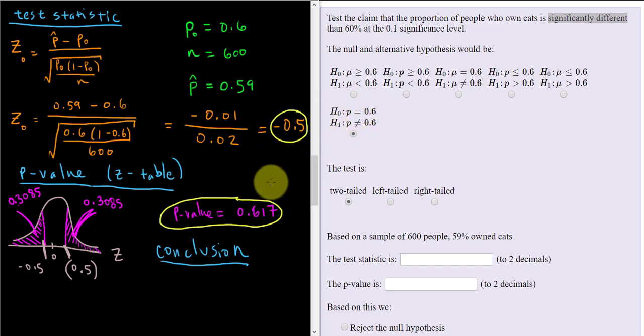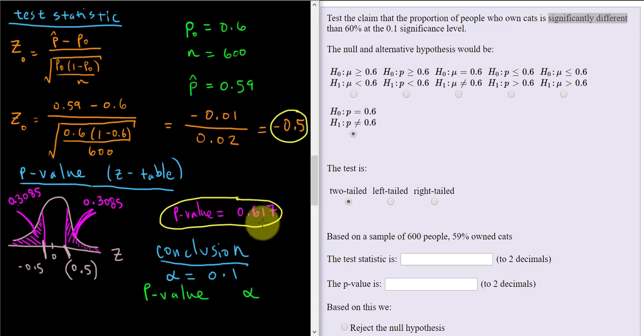Now that we have our p-value here circled in yellow, we are ready to state our conclusion regarding our set of hypotheses. We want to ask ourselves, what is alpha? It was given in the problem as 0.1. And really we need to consider the comparison between our p-value and alpha.